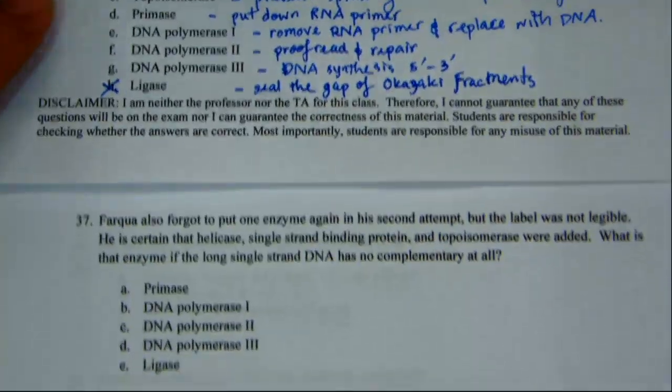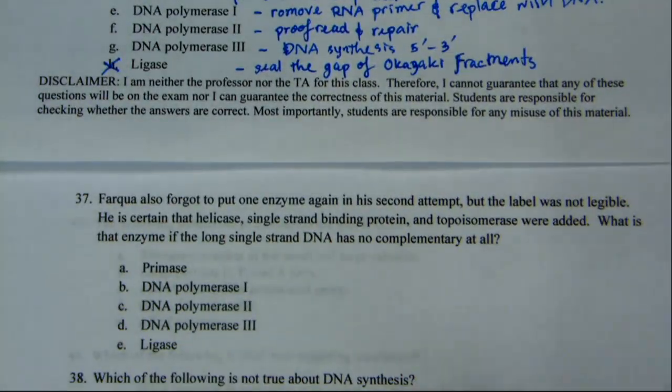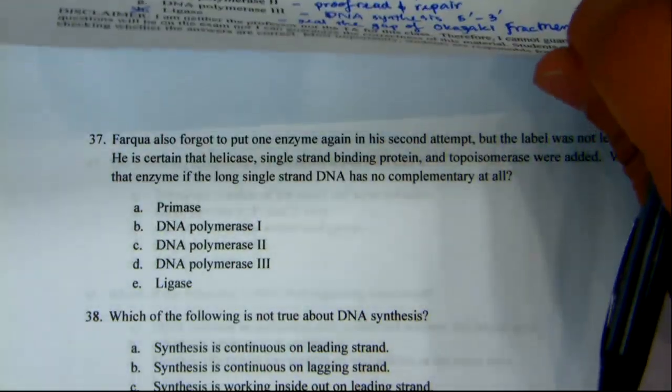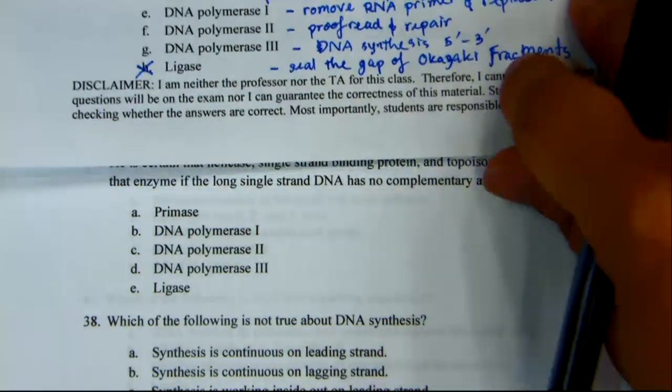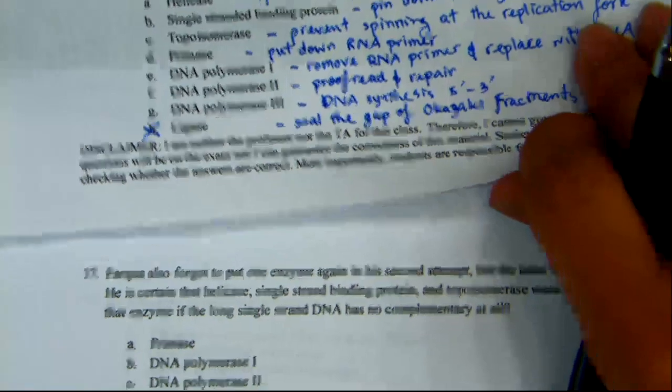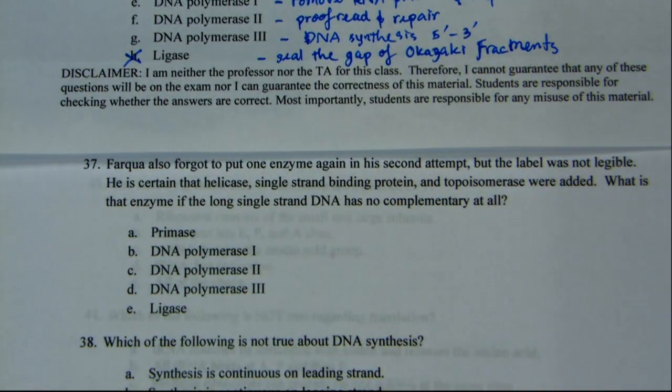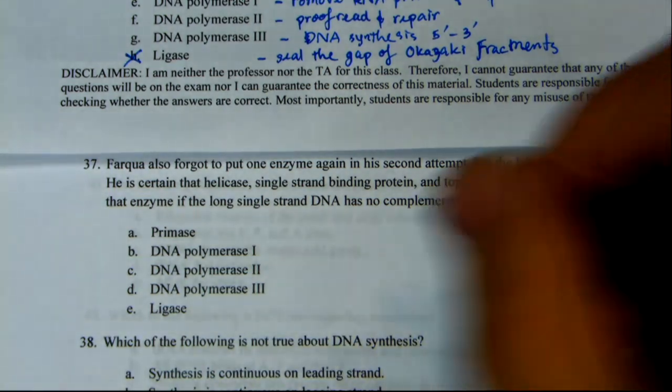So next one. Explain what? Topoisomerase. Okay, let me do number 37 at the same time, and you will see how it works. I'm just going to draw here to help a little bit.